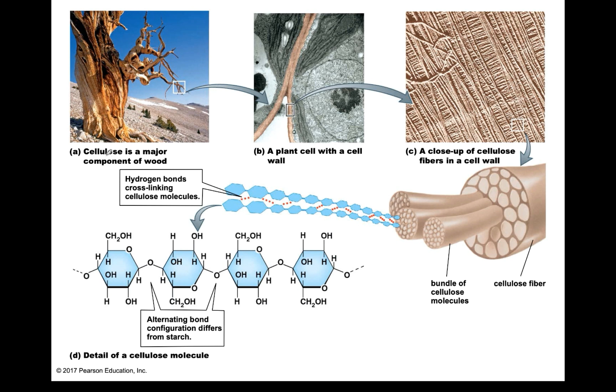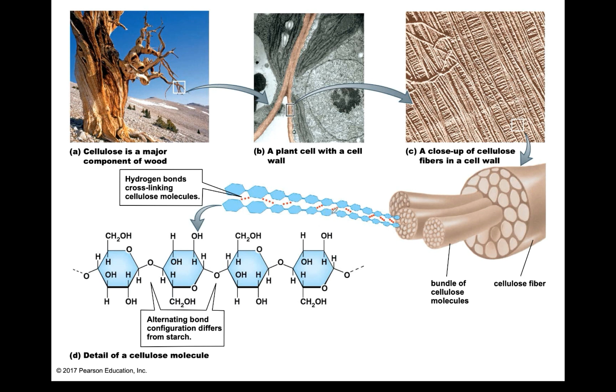Here, cellulose is a major component of wood. In plant tissue, each single plant cell carries a cell wall, and the cell wall is composed of cellulose. When you close up on a cellulose fiber in the cell wall, you can see it looks like a thread.